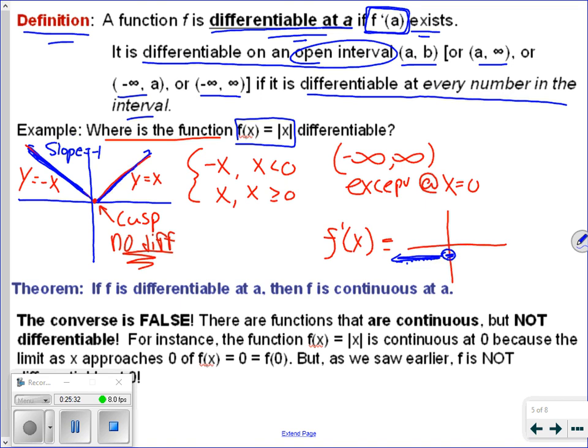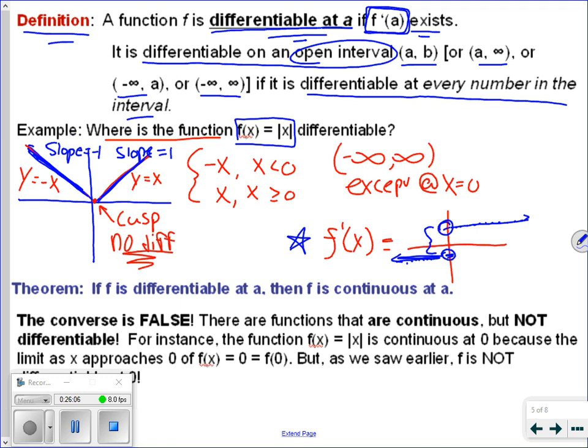And anytime I go past 0, the slope is always going to equal +1. So anything to the right, that value is always equal to 1, except at 0. That's what the derivative function looks like. You can see that the left and right limits do not match up. So therefore, the derivative exists everywhere but at 0. That's a pretty good observation, and we're going to graph that a lot more later.